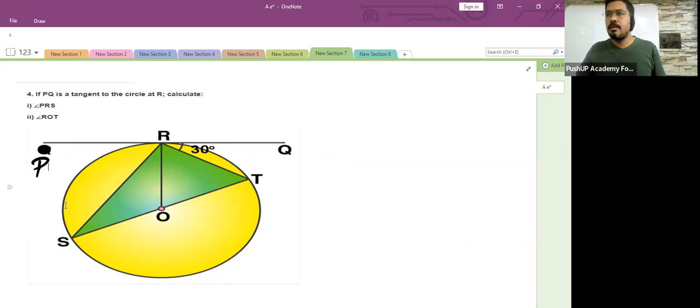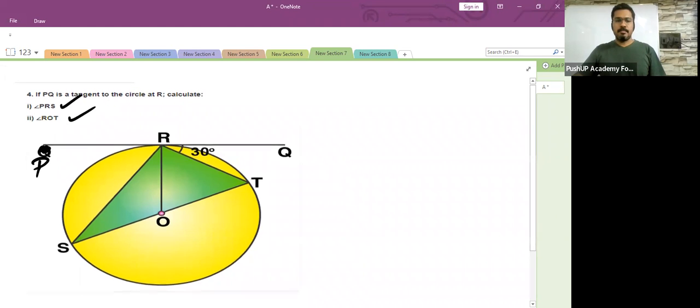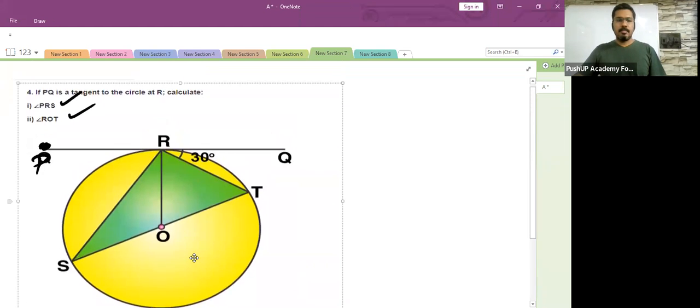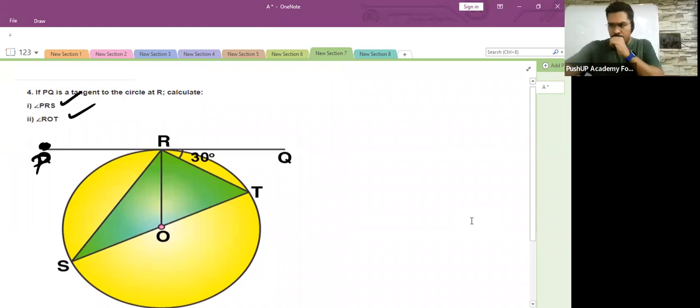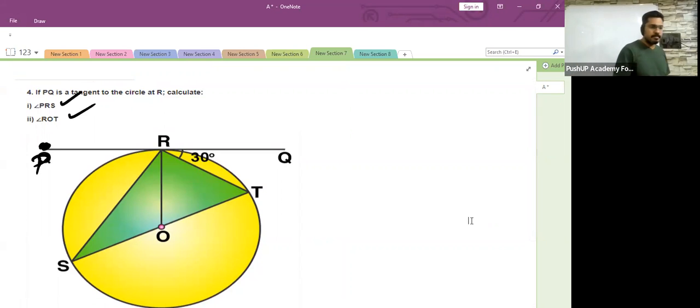Which angle should you find? You remove the mask first of all. It's given, no? PRS and ROT. Start. I'll not give you more than 2 minutes. I'm coming to your place to check.